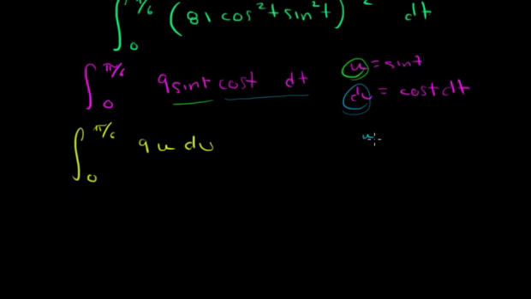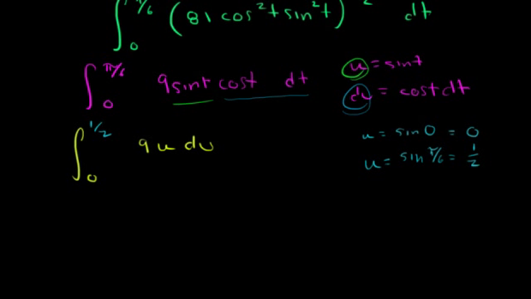When we plug in 0, we get u is equal to the sine of 0, which is just 0, so that doesn't actually change. And when we plug in pi over 6, which was our old restriction for t, we end up getting 1/2. So the new restrictions are from 0 to 1/2 with respect to u.